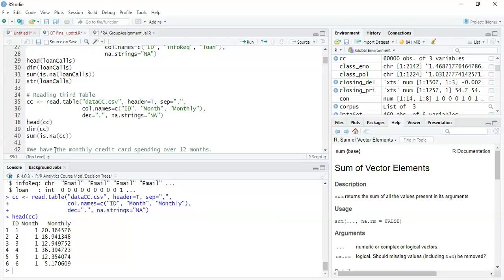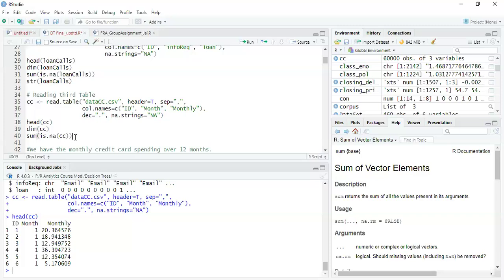We have ID, the month, and the monthly amount, how much they are supposed to pay. It is credit card, right? So month January, that individual has paid this much of credit card bill. Second individual in the month of January has paid this much of credit card bill.